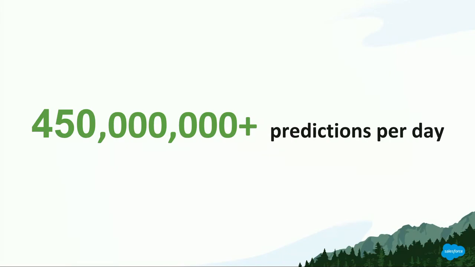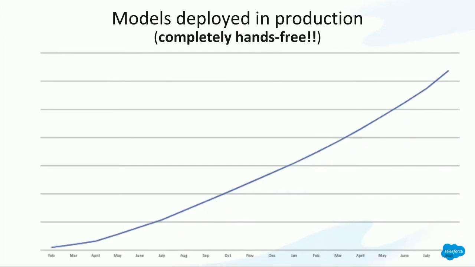And it is now used in Salesforce right now. With this system, Salesforce is making about 500 million predictions per day. We're deploying lots and lots of models here for Service Cloud, Sales Cloud, and Marketing Cloud.